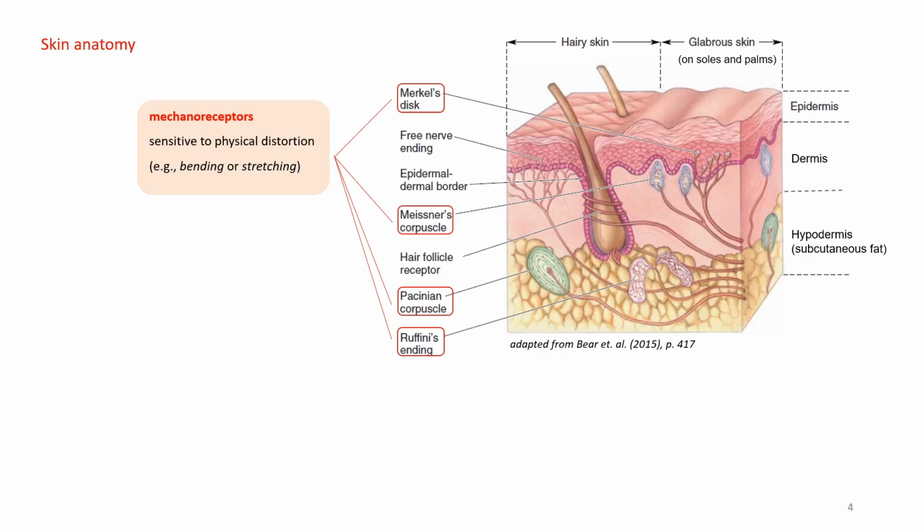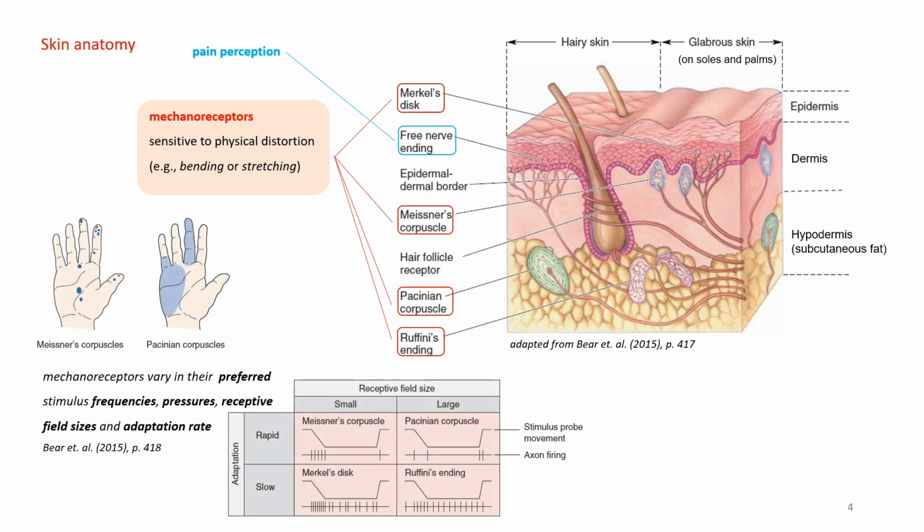And these are called mechanoreceptors. They, as we see, are different types, and they are located throughout the layers of our skin. We also have free nerve endings, and these are the ones that enable pain perception.